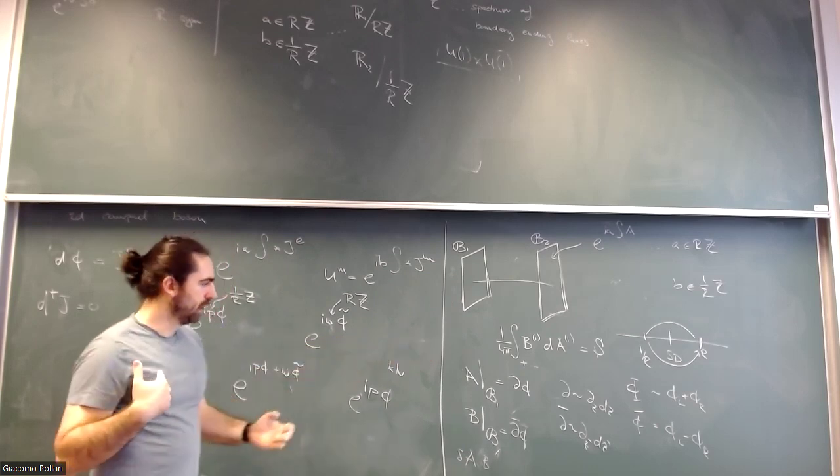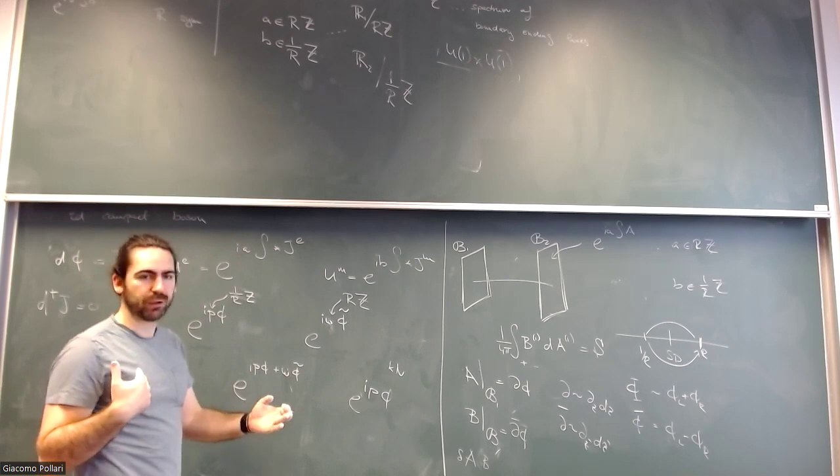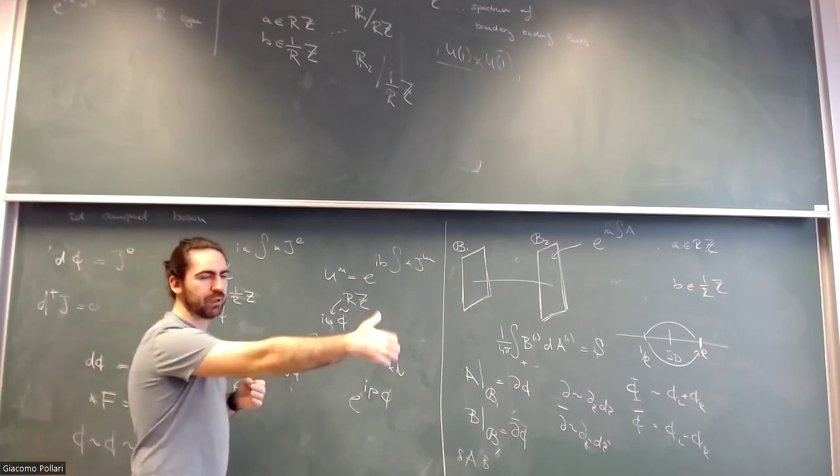But that's a weird symmetry. It's so-called non-invertible. It takes some guys, it throws them away, and it just keeps the others.